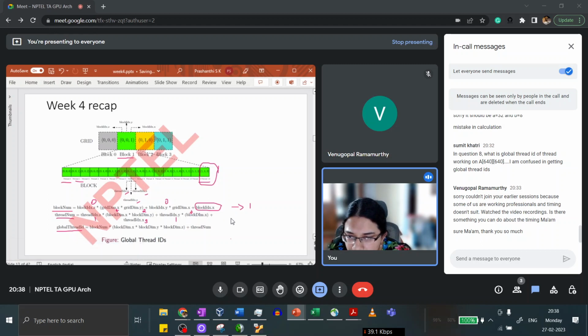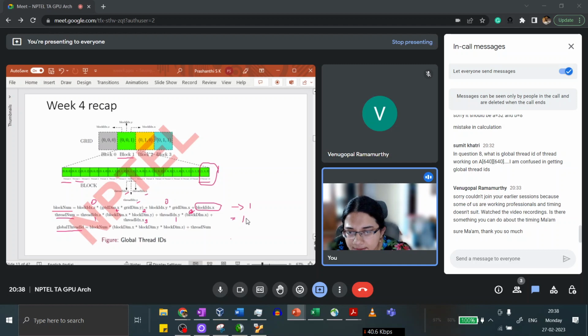So now if you solve for this, you get 4 into 2, 8 plus, okay, this should be 4 again, 8 plus 4 plus 3, sorry for the confusion.